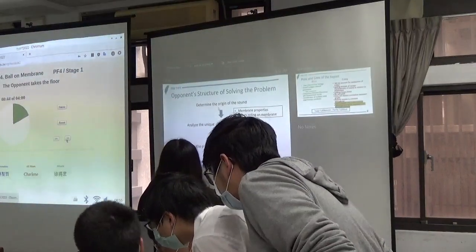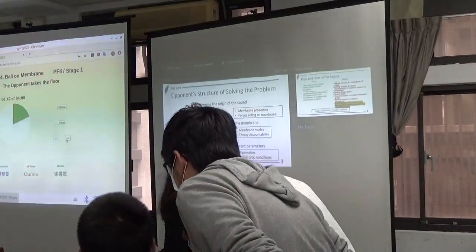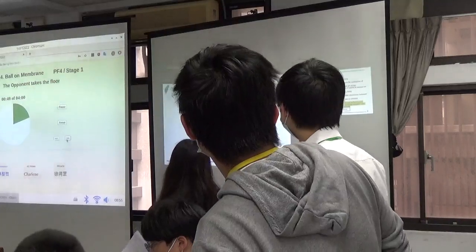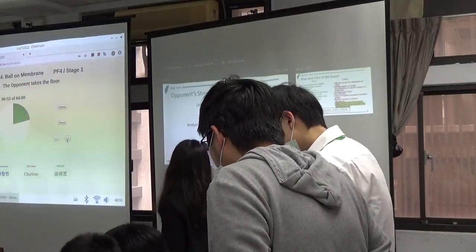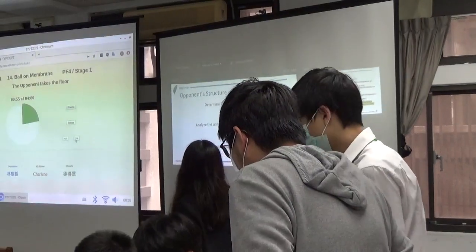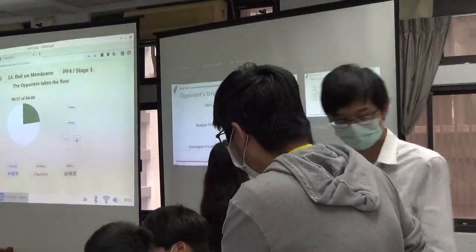Next, analyze the unique vibrations of the membrane by looking for membrane modes and theory accountability. Then we investigate the phenomenon under different parameters, including initial drop conditions and other parameters.